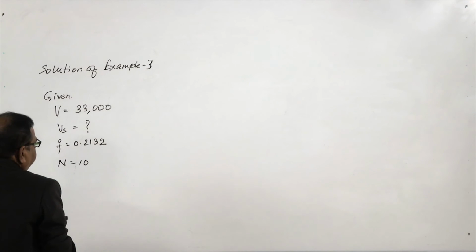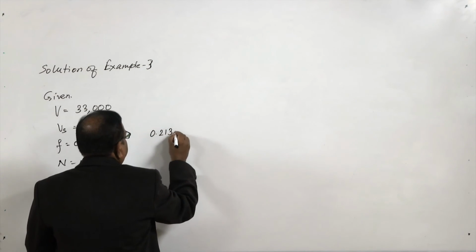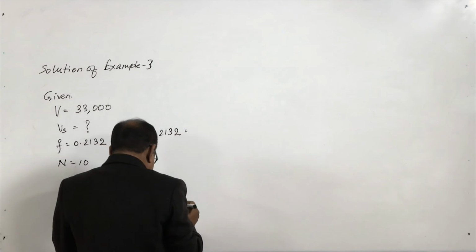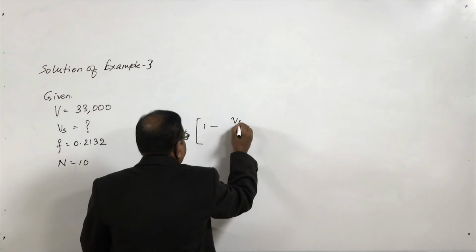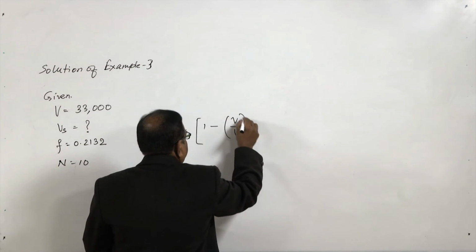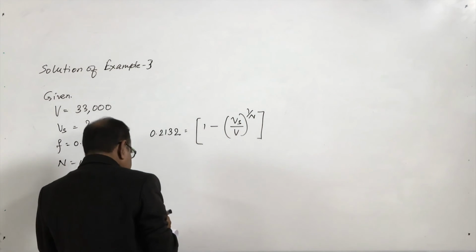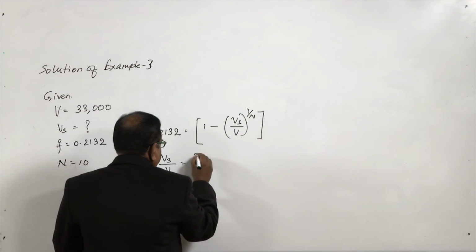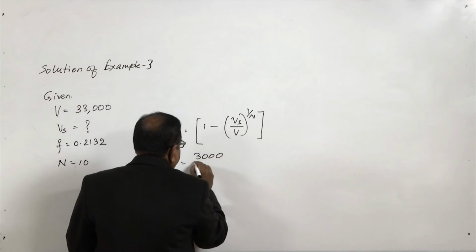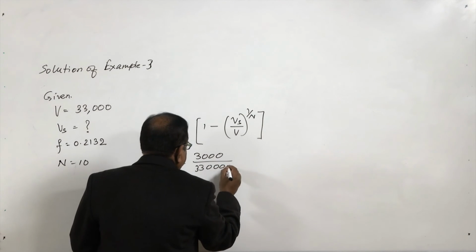So, we have 0.2132 is equal to 1 minus (Vs by V) to the power 1 by n.